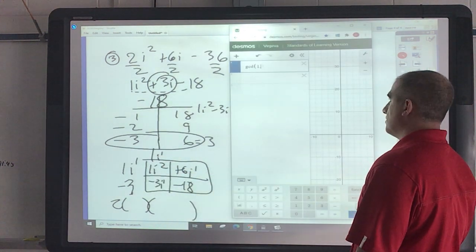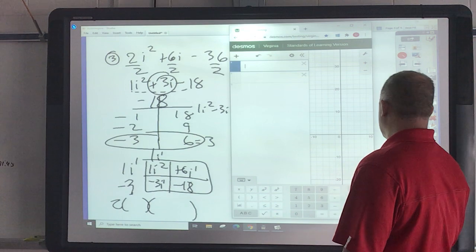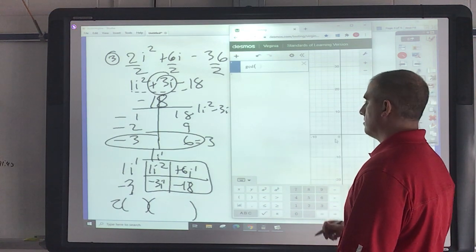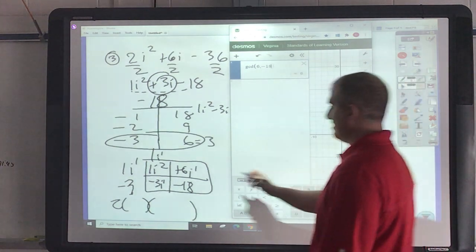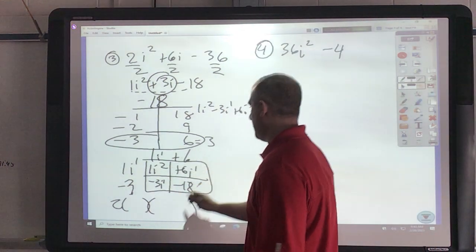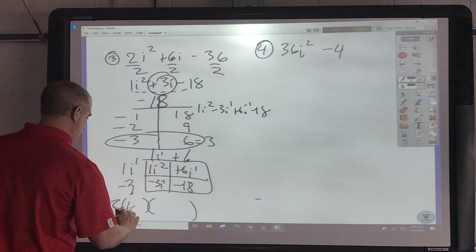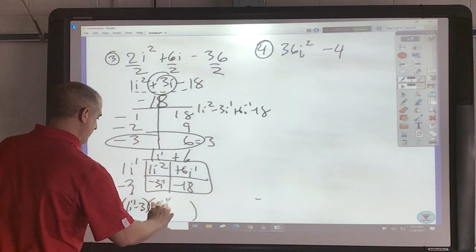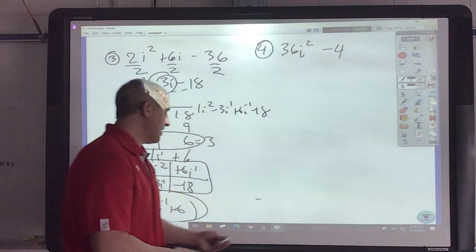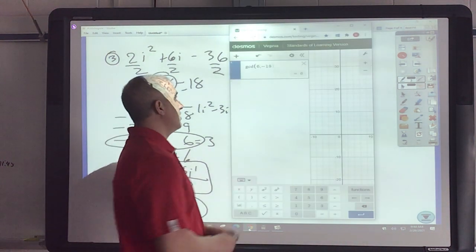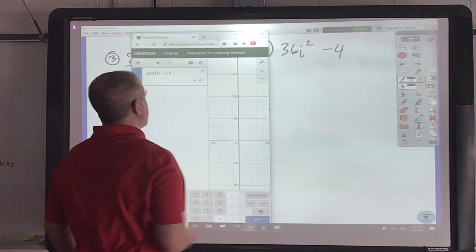And then 6 and negative 18, that's going to be 6. That's plus, plus, no i. So 1i to the first minus 3, 1i to the first plus 6, with that 2.